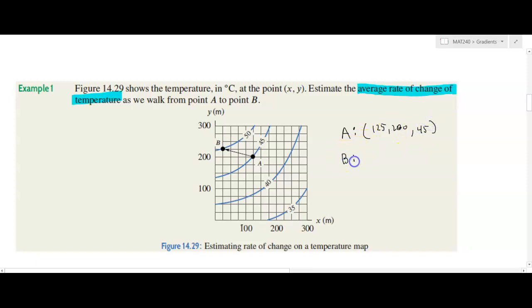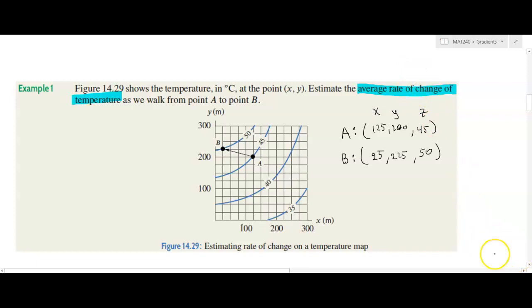At point B, we are at an x position of 25 meters from the origin and 225 meters above the origin with a temperature of 50 degrees Celsius. So we have x, we have y, and then we have our z value.